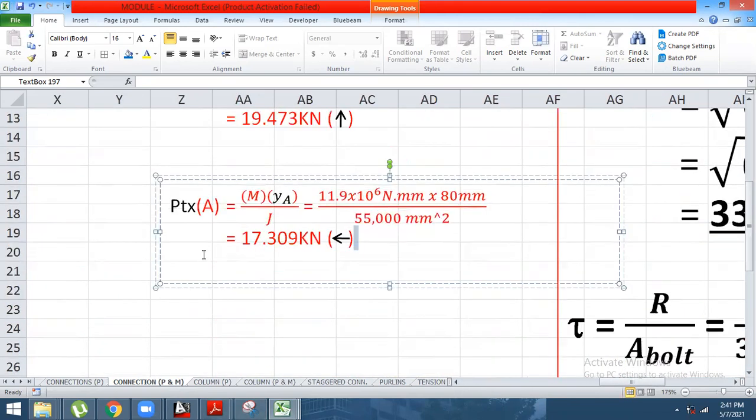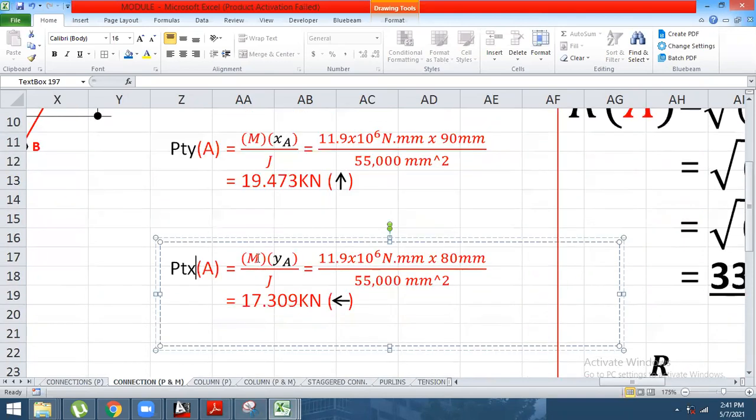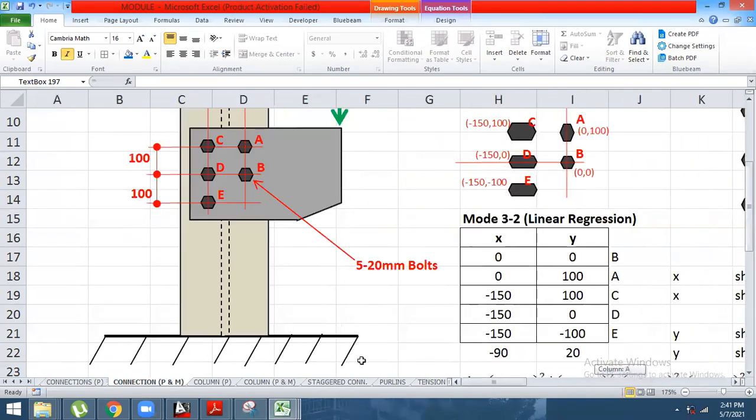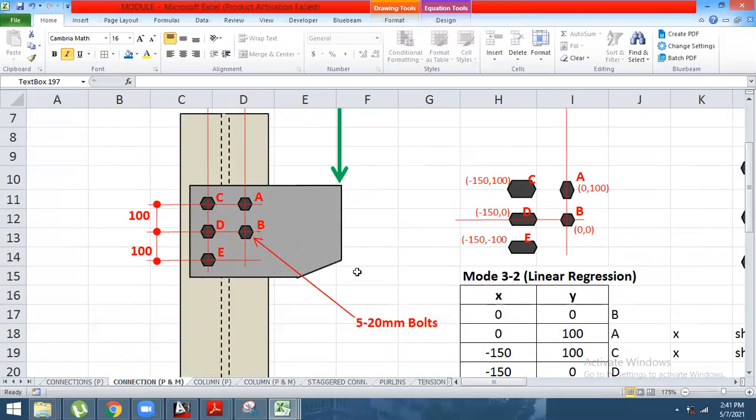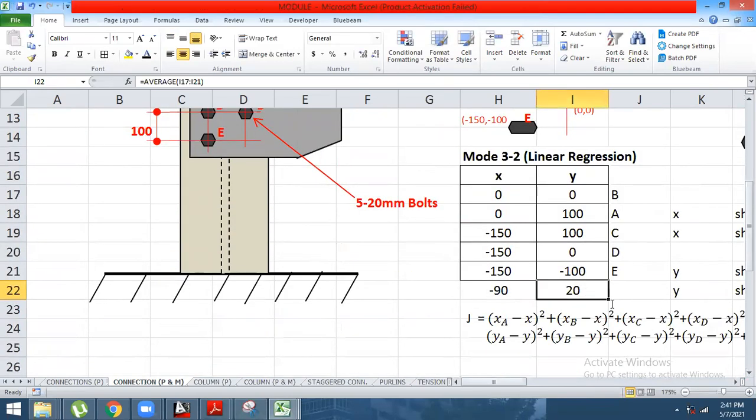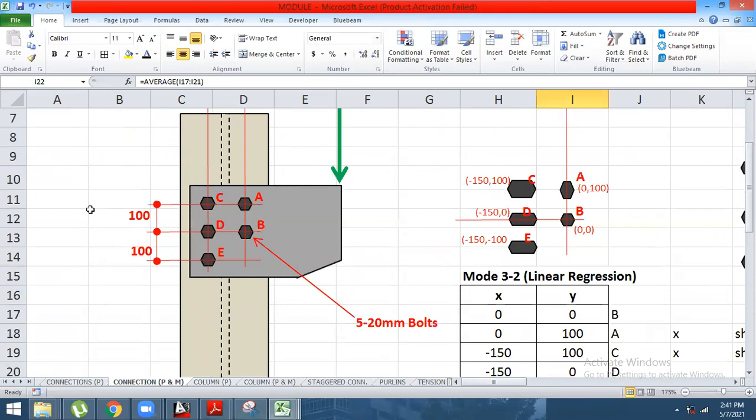How about for the PTX, the horizontal torsional resistance of bolt A? That is simply the moment times the YA over the J. The moment is still the moment that we used on PTY. Then the YA is the distance from the center of gravity of all the bolts going to A. Since our origin is B, the center of gravity of all the bolts is 20 upwards, so the distance between B and A is 100.